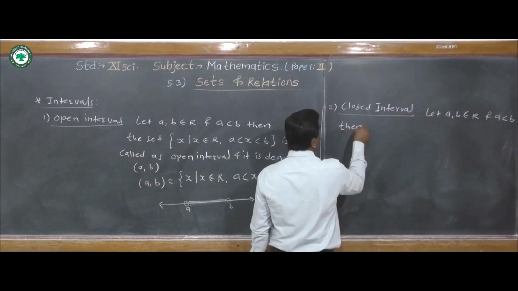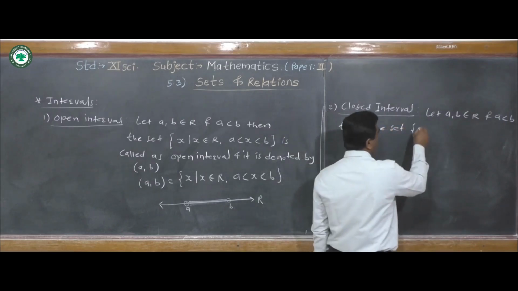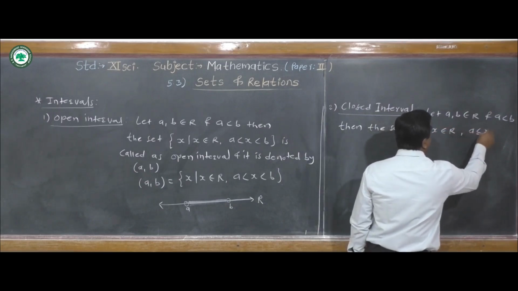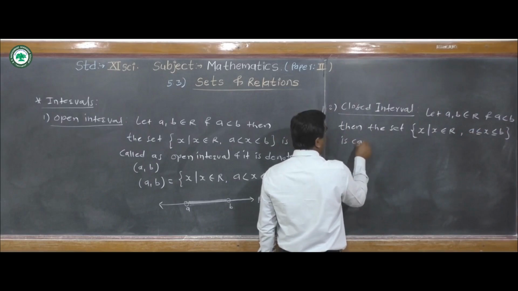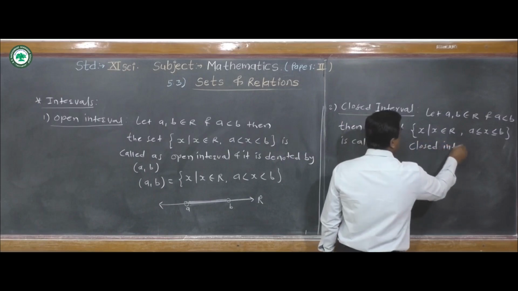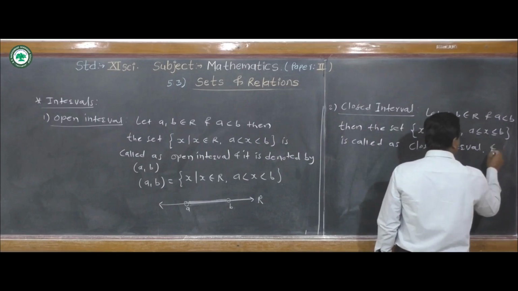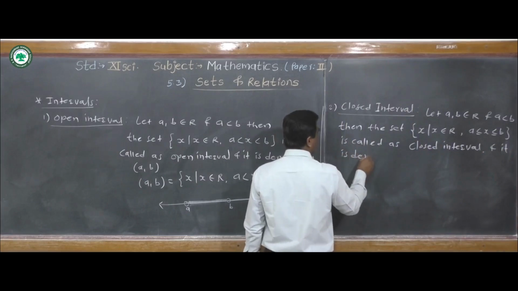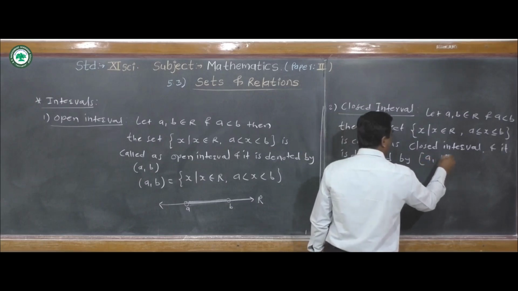Then the set {x such that x belongs to R and a less than or equal to x less than or equal to b} is called a closed interval, and it is denoted by square bracket [a, b].